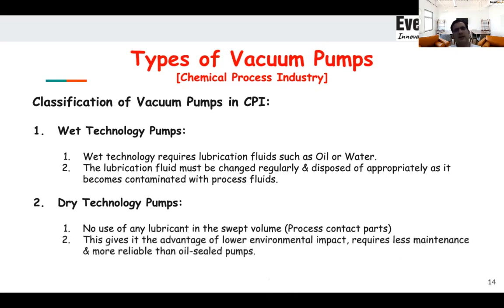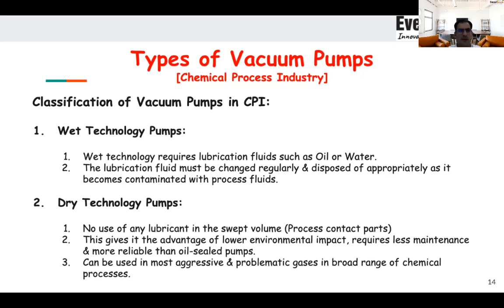This gives the advantage of lower environmental impact, requires less maintenance, and is more reliable than wet technology pumps. The advantage of this type of vacuum system is that it can be used in very aggressive environments as well. In most aggressive environments where you are pumping corrosive gases, we can use this type of vacuum system.